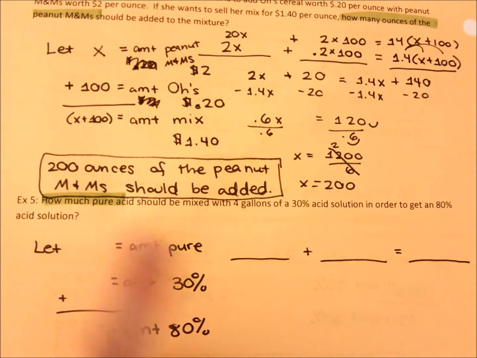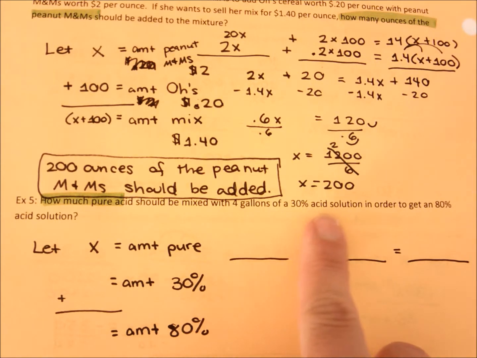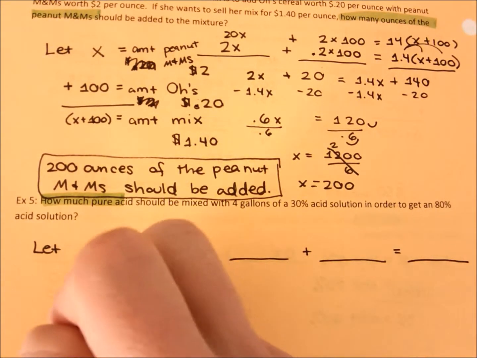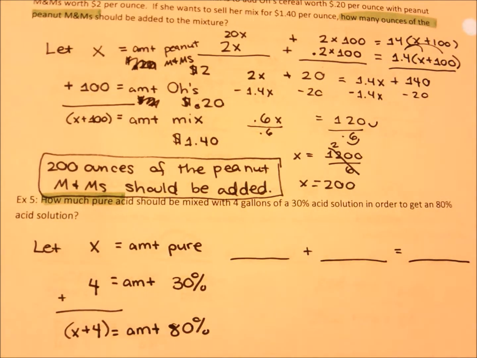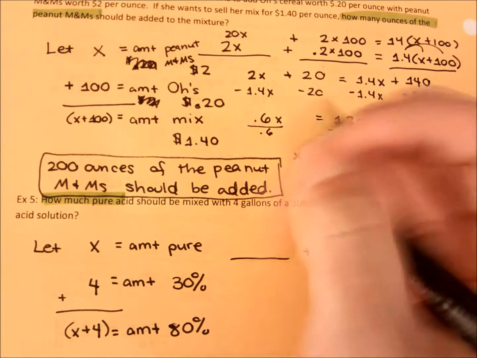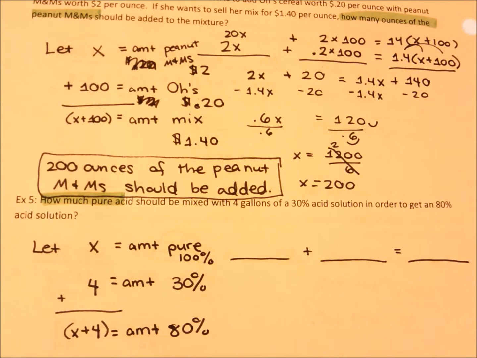Pure gets the variable. How much of the 30 do we have? 4 gallons. What's the total amount? X plus 4. Mr. Reiber, set up our equation for us, please. Oh, what should we write next to the pure before we do that? 100%. Very good. All right, now, Mr. Reiber, do our equation for us, please.